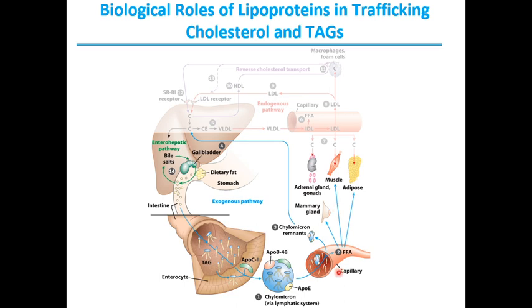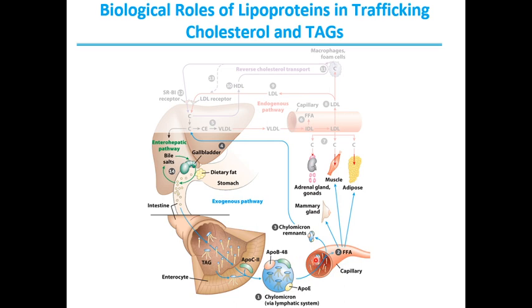Once lipoprotein lipase is activated, it cleaves free fatty acids from triacylglycerols contained in chylomicrons. These free fatty acids enter all these tissues: adipose, muscle, and mammary glands. Once this happens, chylomicrons are left with depleted triacylglycerols, some cholesterol, ApoE, and ApoB48.